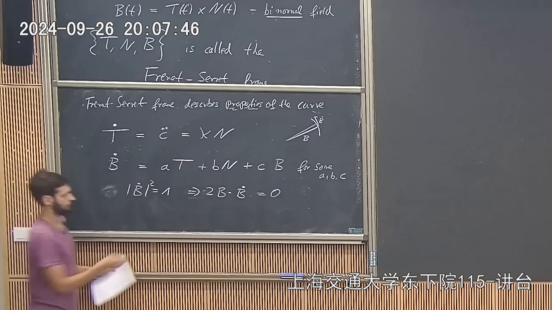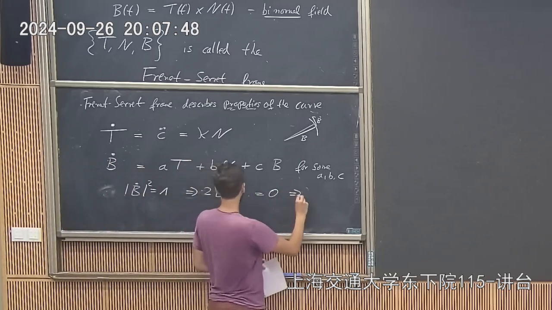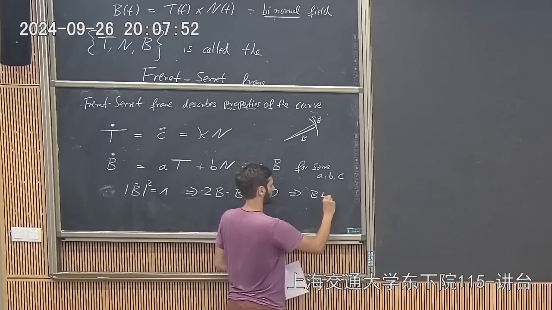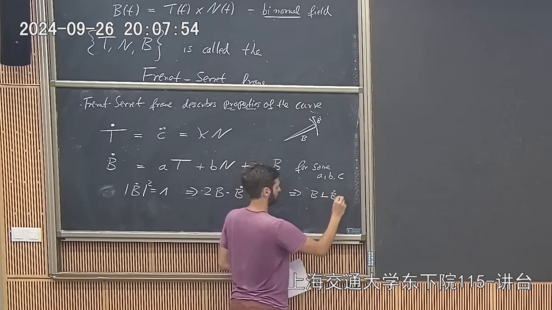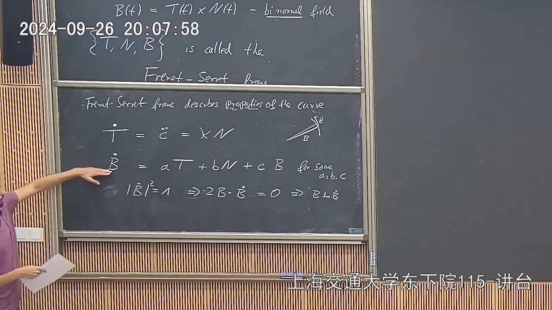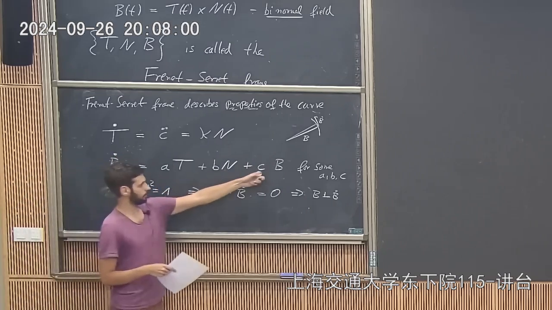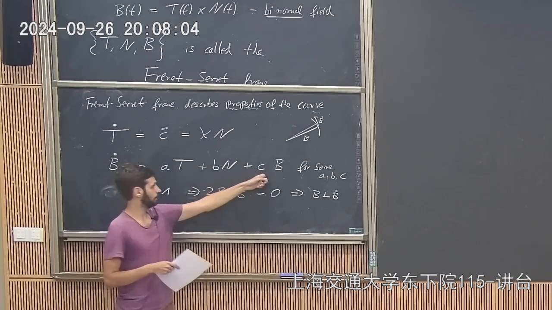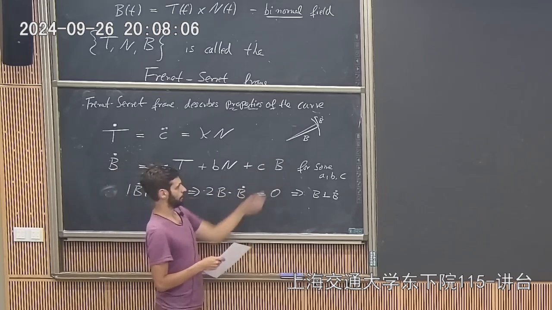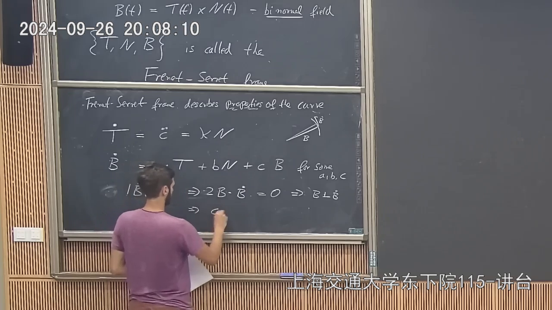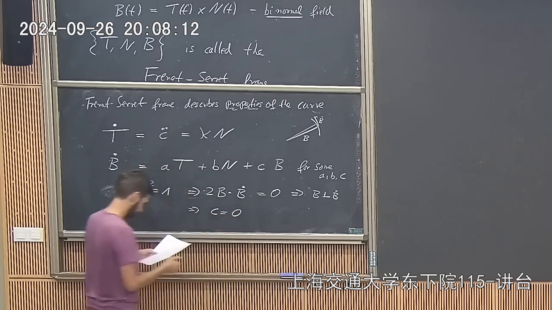So in particular, you see again that B has to be orthogonal to B prime. So that means that in this expansion that we had, this constant C has to be 0. Otherwise, there's some part in there which is parallel. So it follows that C equals 0.